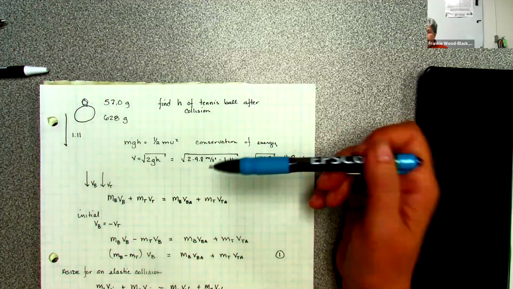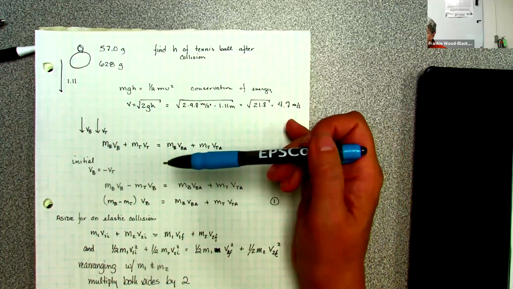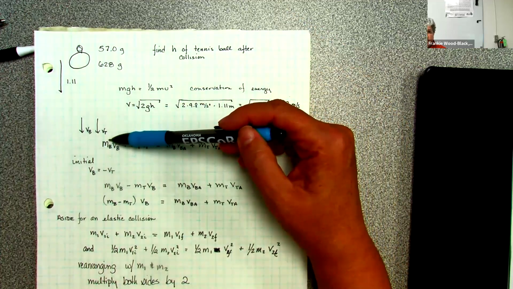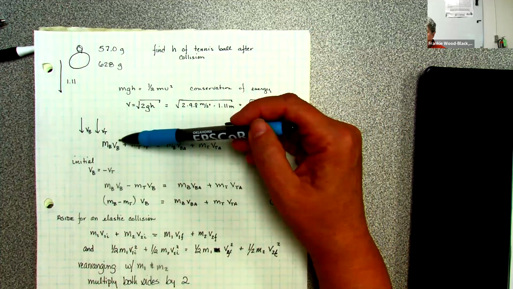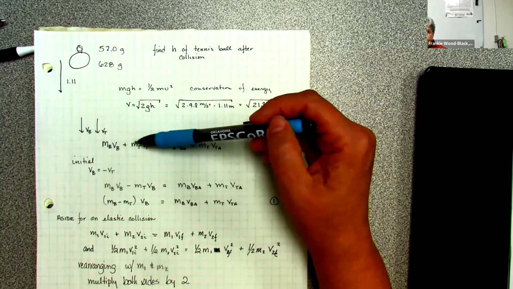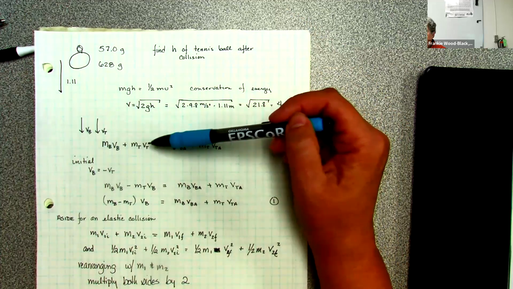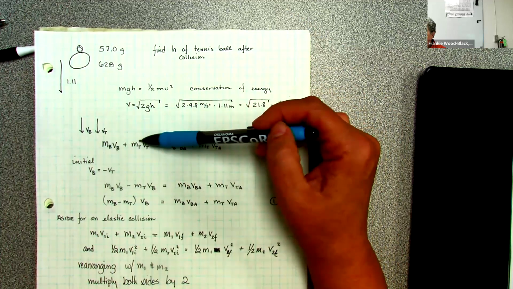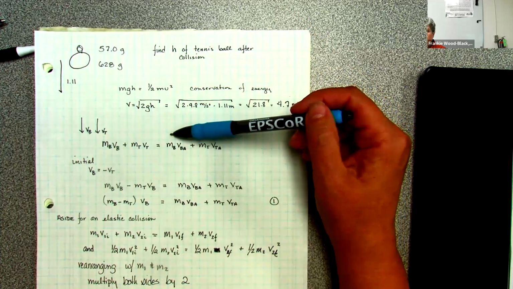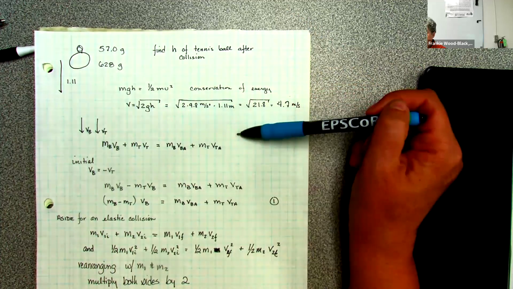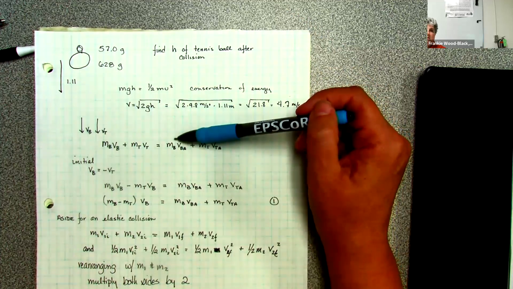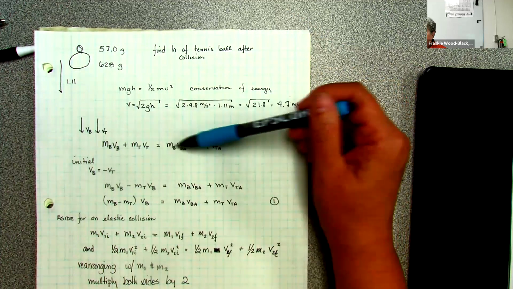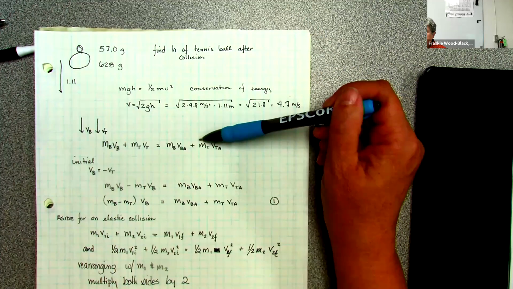Now I'm going to write my conservation of momentum equation. The mass of my basketball times the velocity of my basketball plus the mass of the tennis ball times the velocity of the tennis ball, all before, has to equal the things after. Since the mass of the basketball and the mass of the tennis ball don't change, we can leave those in like that.